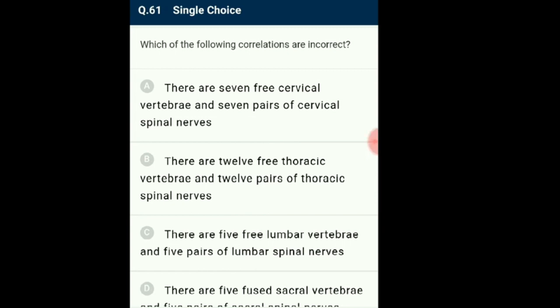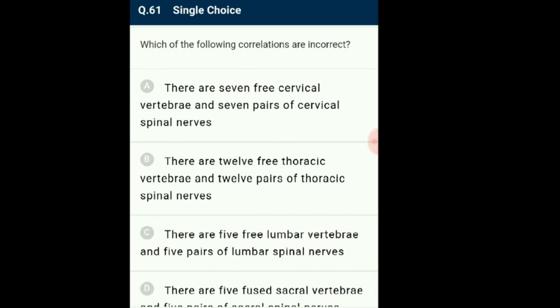Thus there are 33 vertebrae and 26 bones in the vertebral column. There are 8 pairs of cervical spinal nerves, 12 pairs of thoracic spinal nerves, 5 pairs of lumbar spinal nerves, 5 pairs of sacral spinal nerves, and 1 pair of coccygeal spinal nerves.